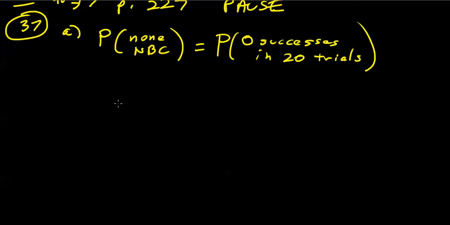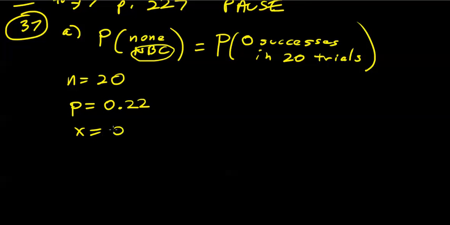The assumption is all these trials are independent. So let me write down the number of households we're surveying here is 20. The probability of watching NBC football. So we're going to call watching NBC football a success, and we're told that happens with a 22%, or 0.22, probability. And x here is going to be 0.